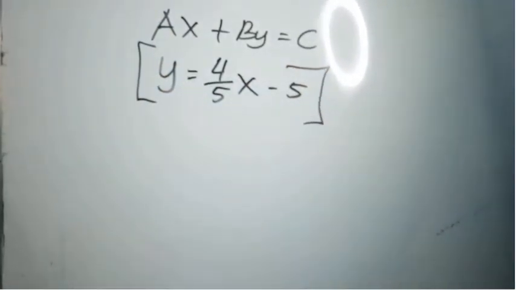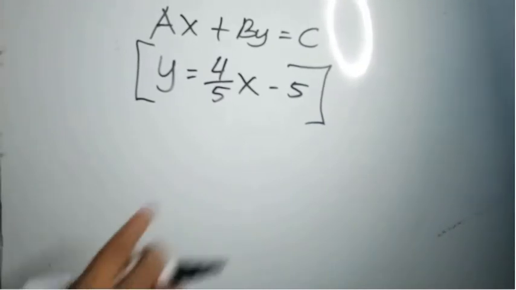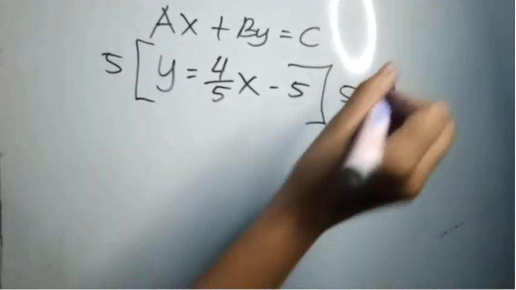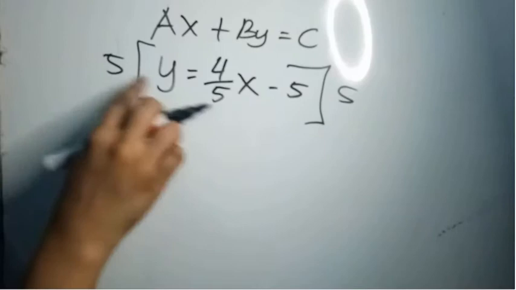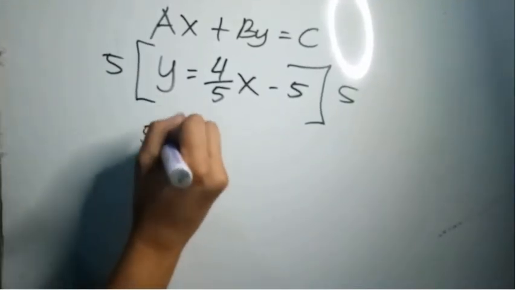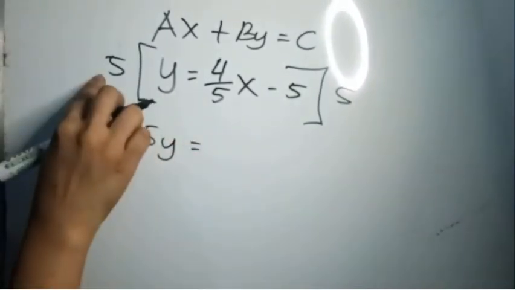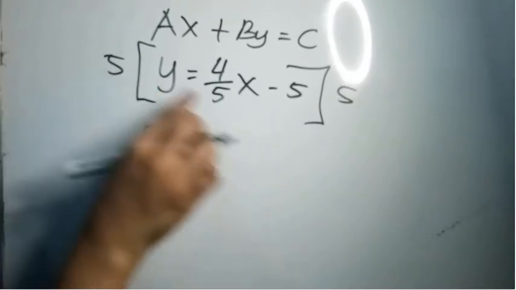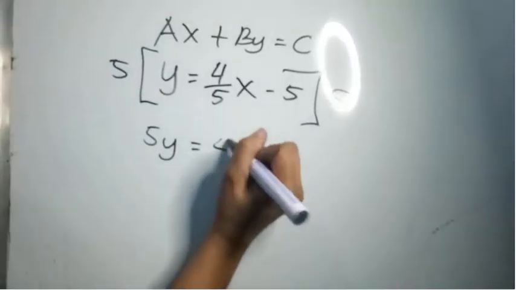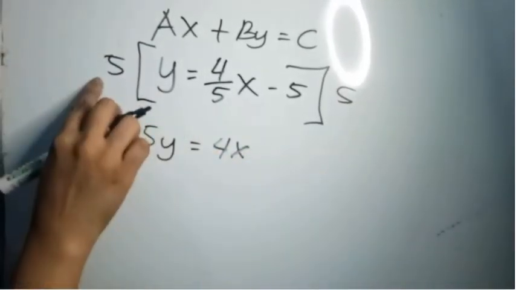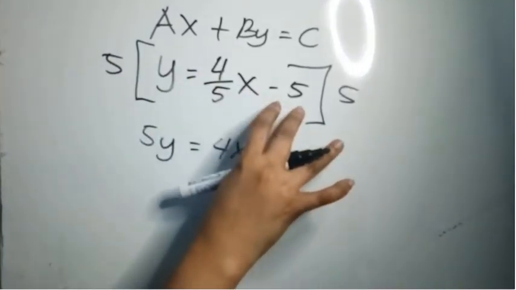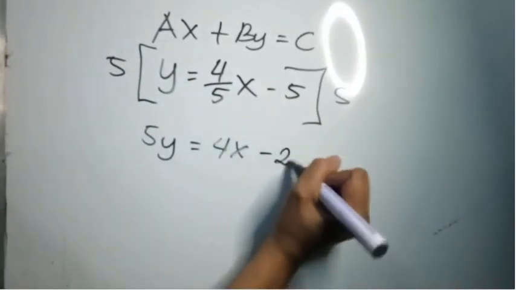So the LCD is 5. So we're going to multiply it by 5. So 5 times y is 5y equals 4 times 5 is 20, divided by 5 is 4x. Then 5 times negative 5 is negative 25.